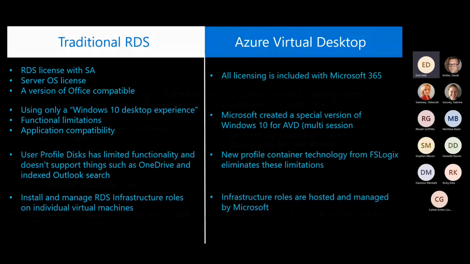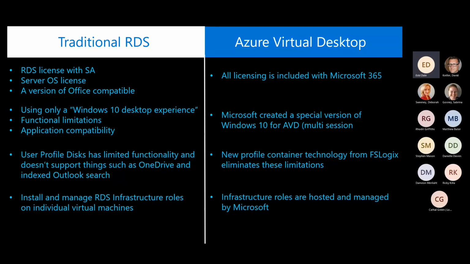For those of you that maybe haven't had any of those RDS versus AVD conversations, here's a side-by-side of a traditional RDS deployment versus Azure Virtual Desktop, and some of the key elements of conversation we can use with customers. So for example, one of them is around licensing.